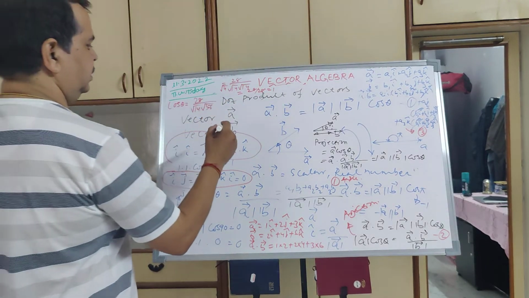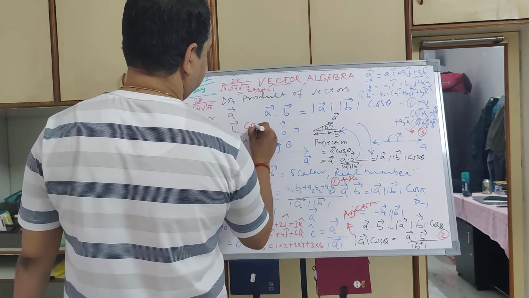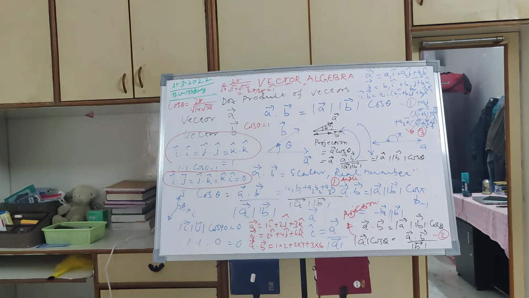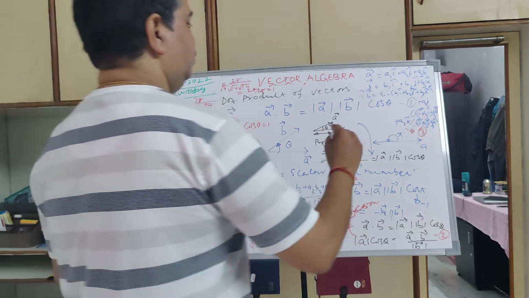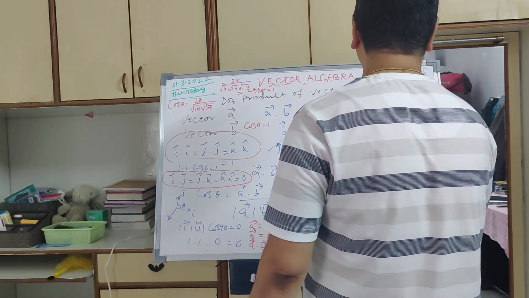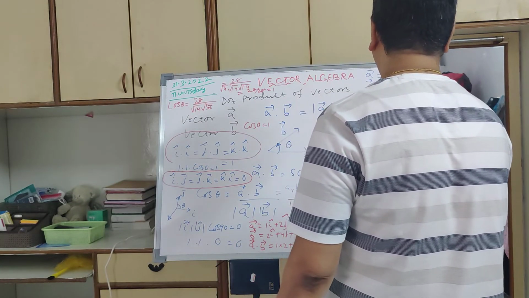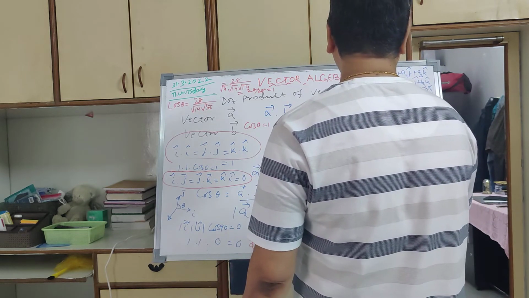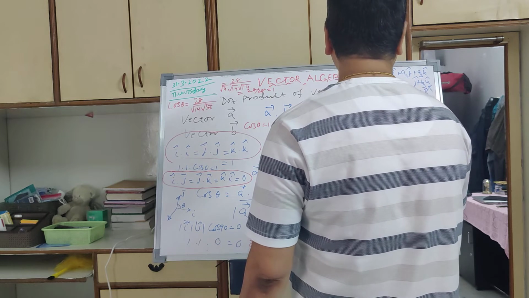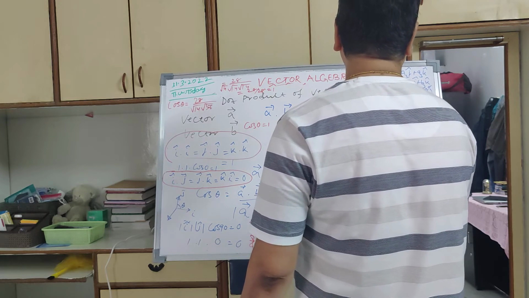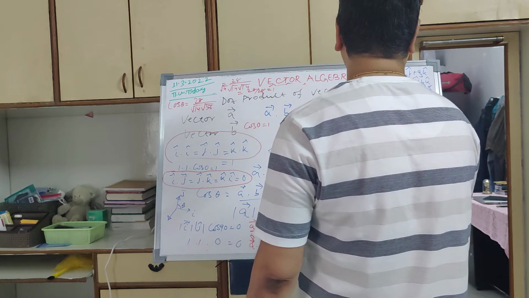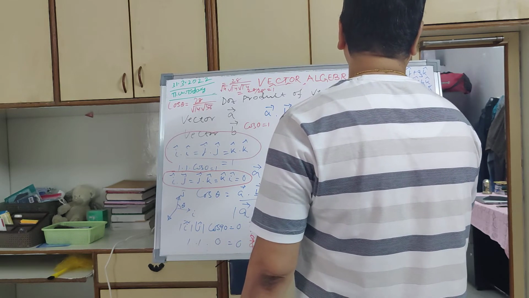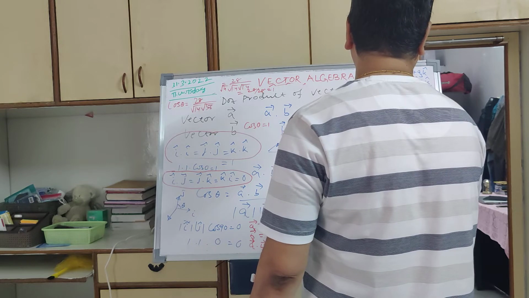So that means cos theta is equal to 1, which means the angle between these two vectors is 0. That means one vector is just twice the other vector. Let us say this is 1i plus 2j plus 3k, and this is 2i plus 4j plus 6k.